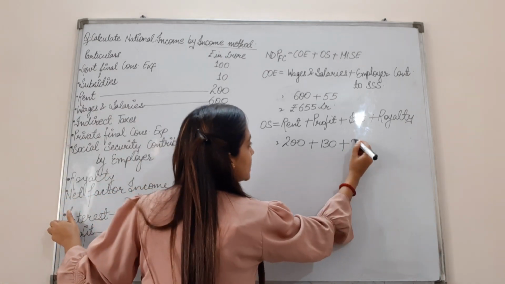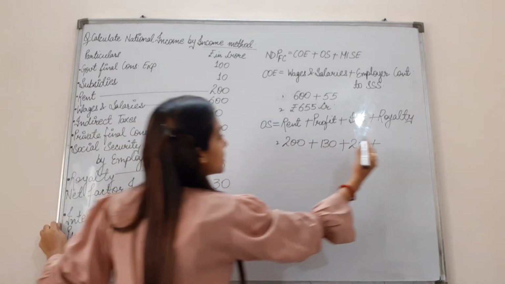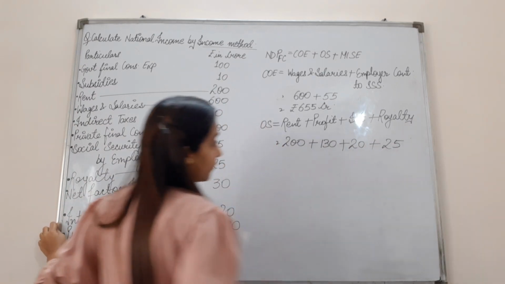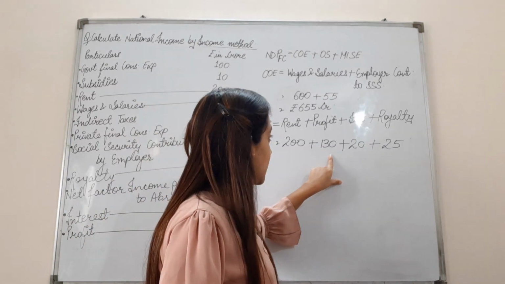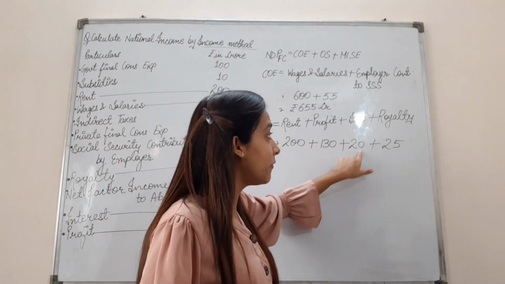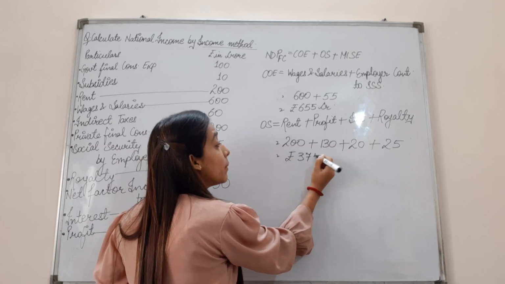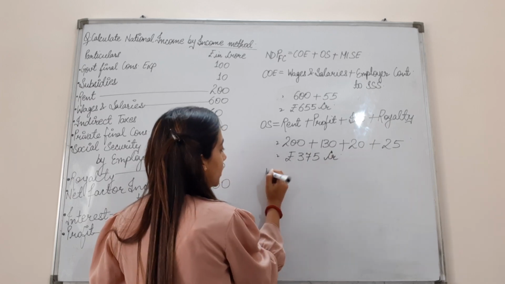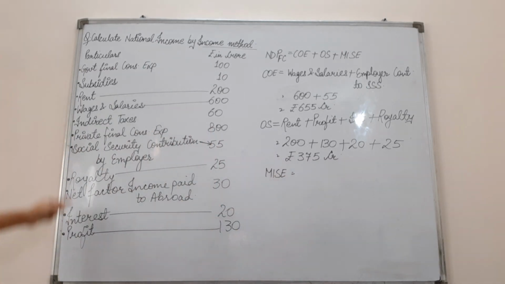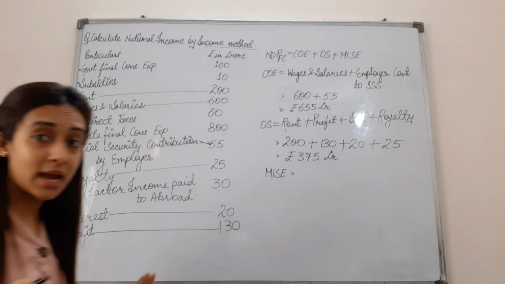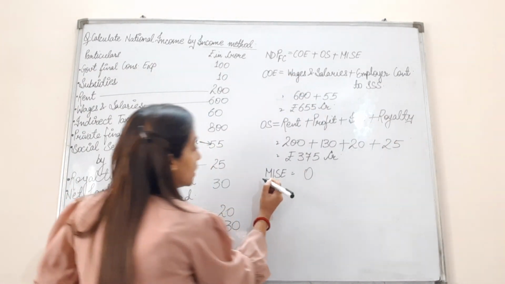It is 20. Royalty is also given in the question, it is 25. So 200 plus 130, that is 330, 350, and here it will be rupees 375 crore. We will check whether MISE is given in the question or not. No, MISE is not given. So it will be 0.